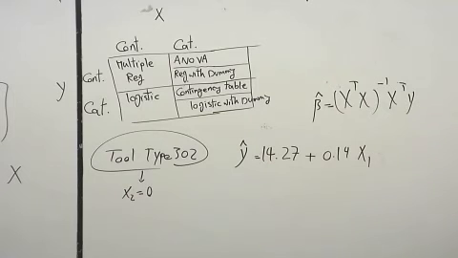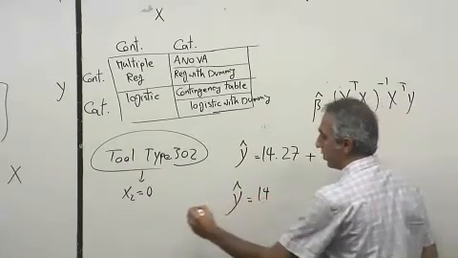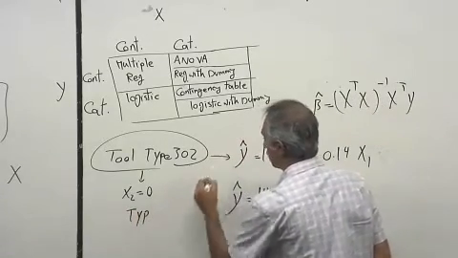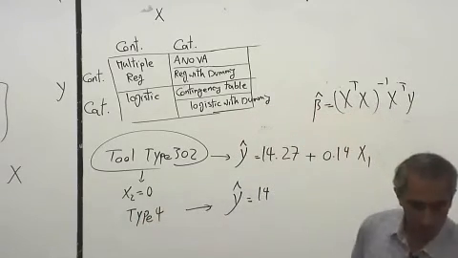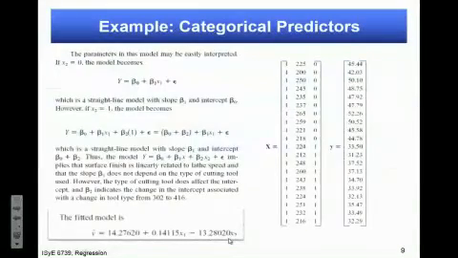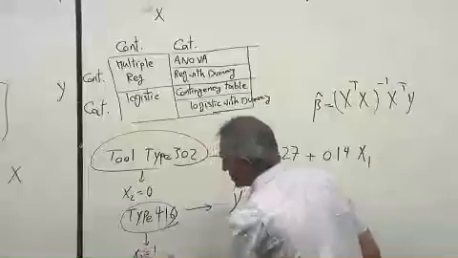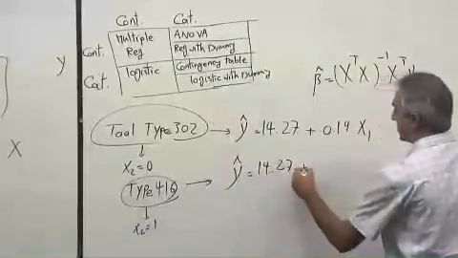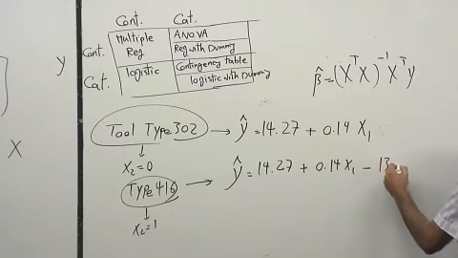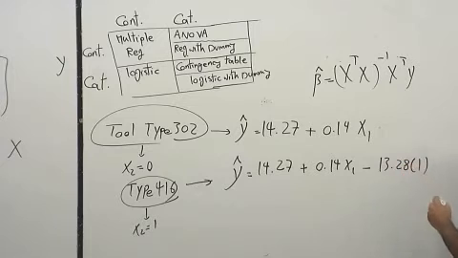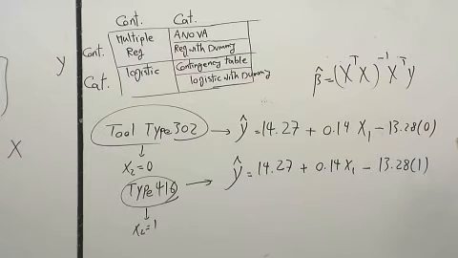Nothing. And when you are using type 416, your X2 associated with this is 1. So it's 4.27 plus 0.14 X1 minus 13.28 times 1. This is also 13.28 times 0, which is 0.